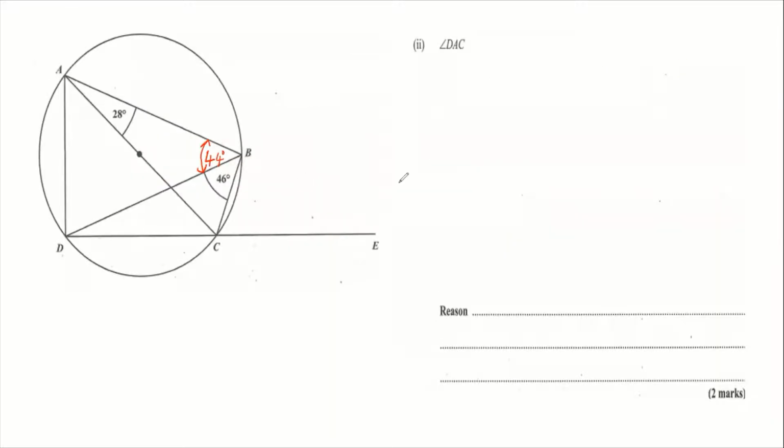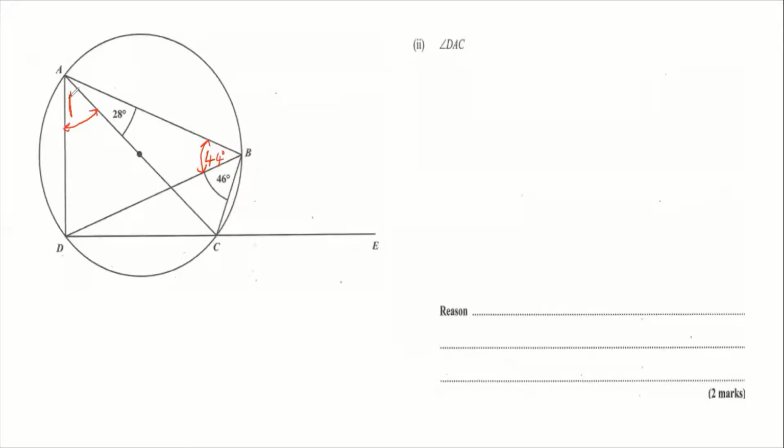So the part I know, they asked us to find angle DAC. So we need to highlight that on our diagram. DAC, right here. So they want us to find this angle here. That's the angle I want us to find.